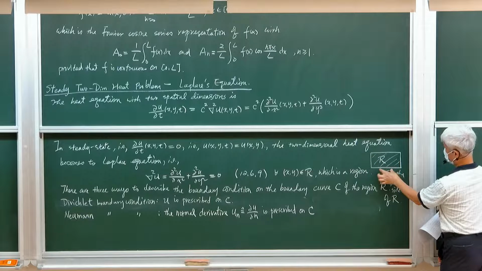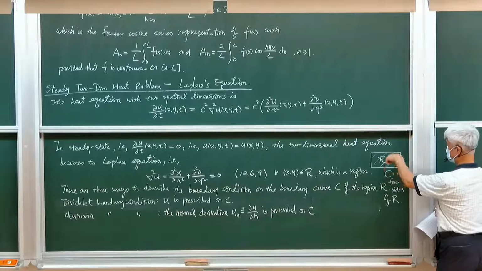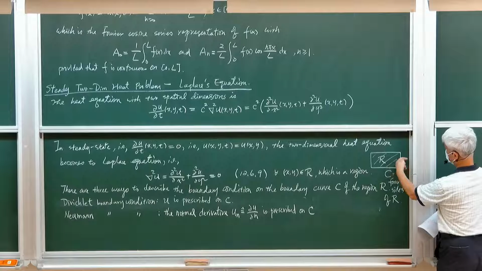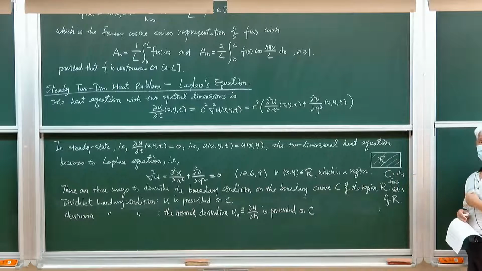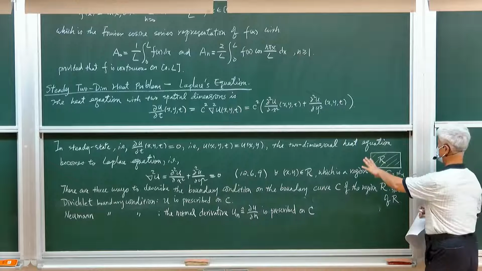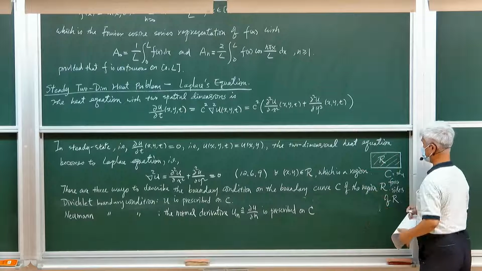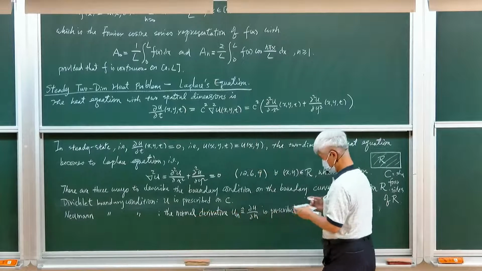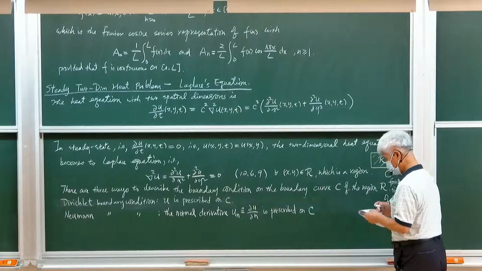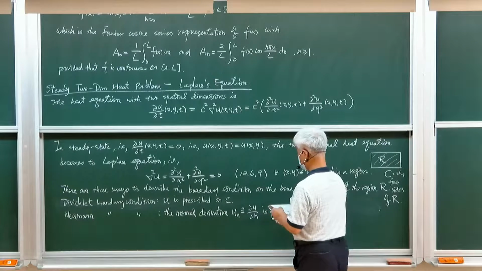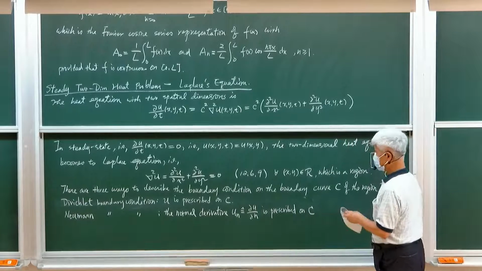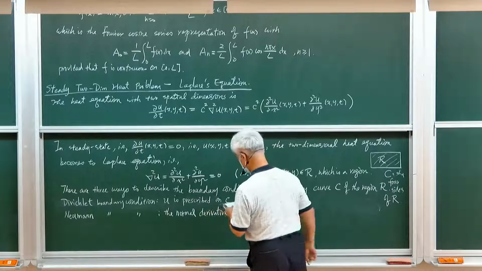For the lower boundary, the normal direction will be down. And for this part, the normal direction will be to the right. So this is called the normal derivative on C, and this is the Neumann boundary condition.